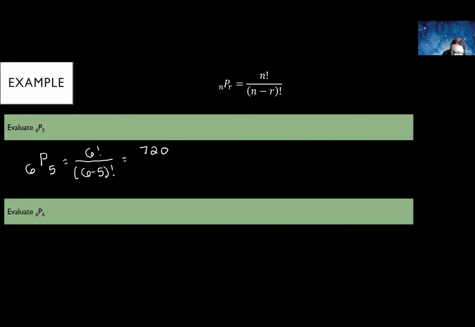We found that was 720. And then 6 minus 5 is 1, so that's 1 factorial, and 1 factorial is just 1. So we're just doing 720 over 1. So we just get 720. So the number of ways to choose 5 out of 6 is 720. Okay.